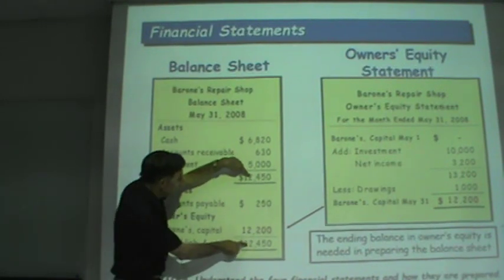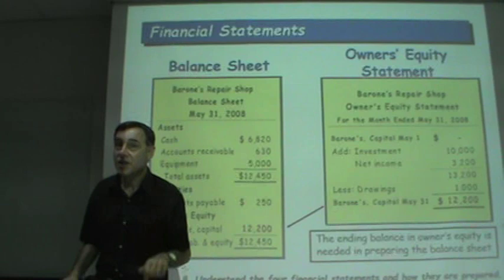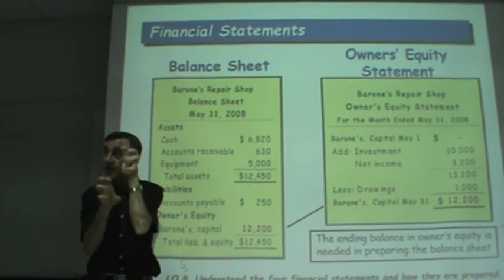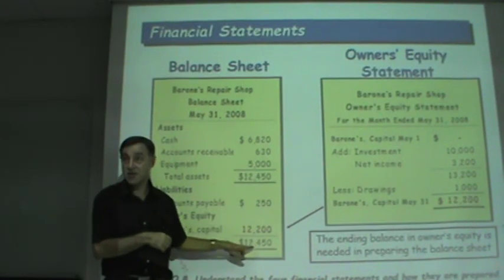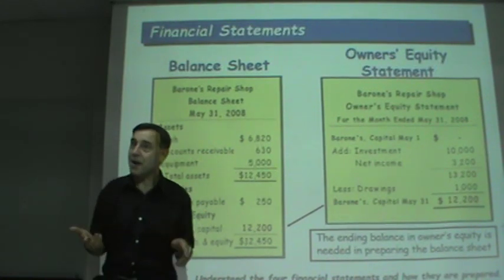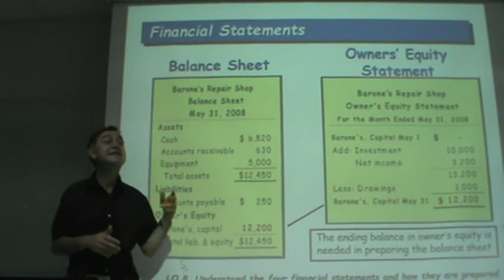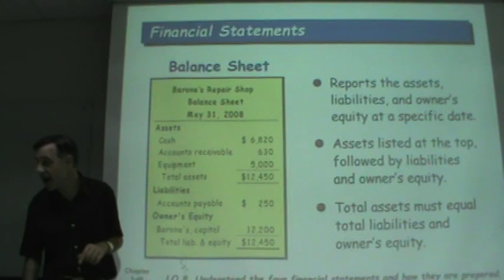By comparing these two numbers, you know everything's correct. So you work step by step, and if the numbers are correct, this number should equal this number. That's an example, and I will give you a similar example on the quiz. Let's see what else we have.